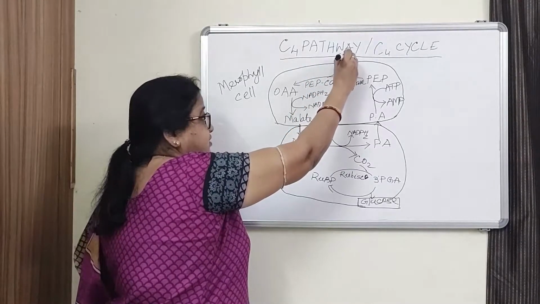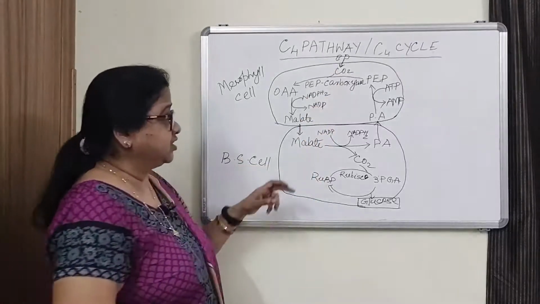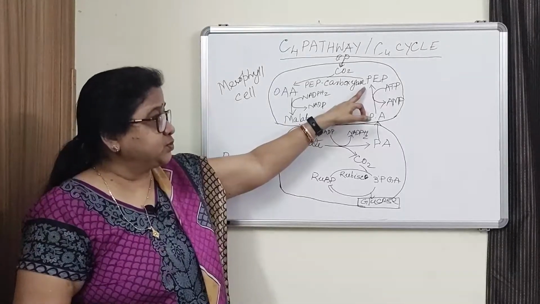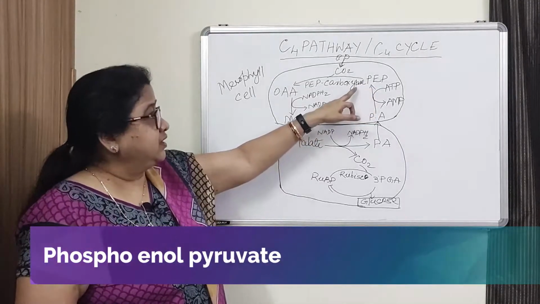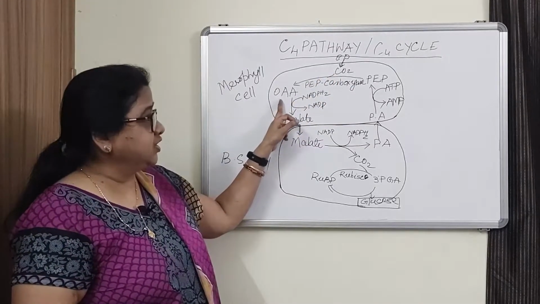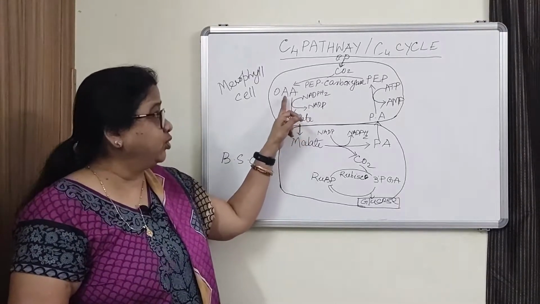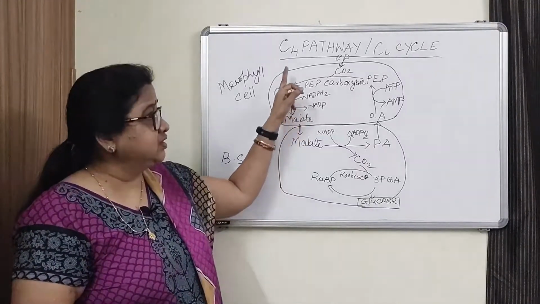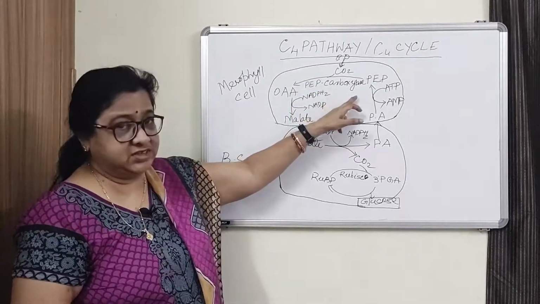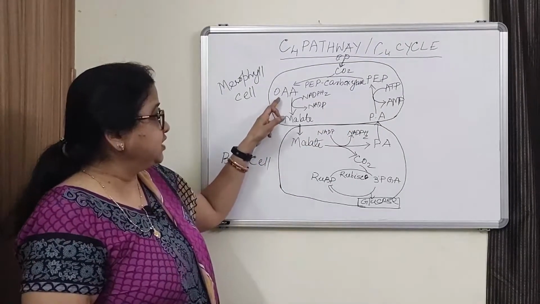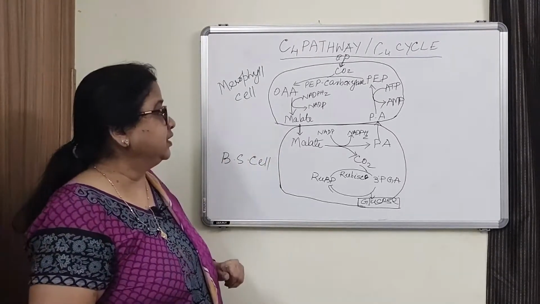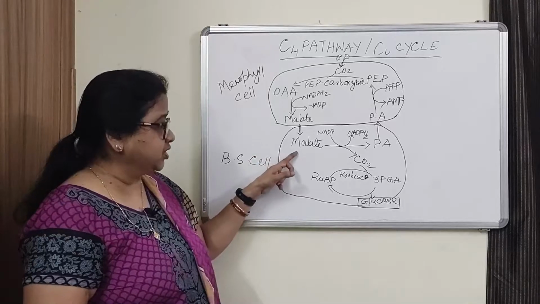Through the stomata, carbon dioxide enters the mesophyll cells and is first accepted by a compound, phosphoenol pyruvate, which combines with carbon dioxide to form oxaloacetic acid, a 4 carbon compound. So it is known as the C4 cycle, and the enzyme is phosphoenol pyruvate carboxylase. The oxaloacetic acid is then reduced to malic acid or malate. The malate diffuses into the bundle sheath cells.